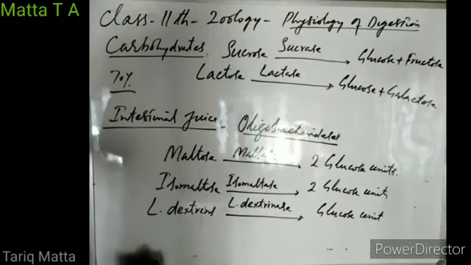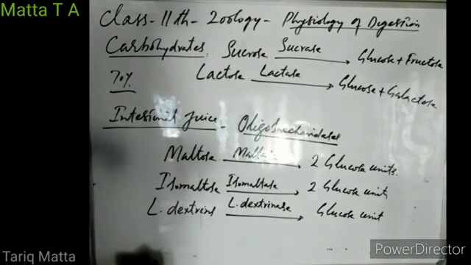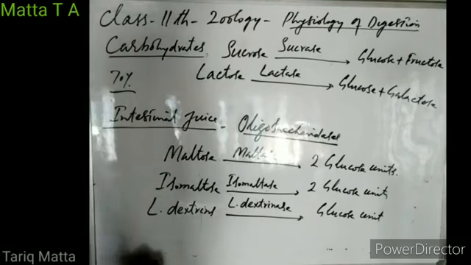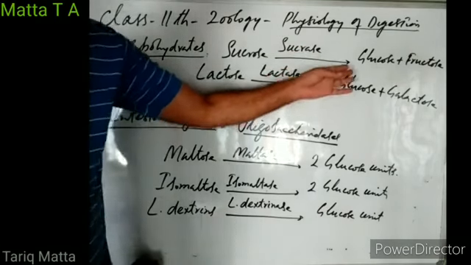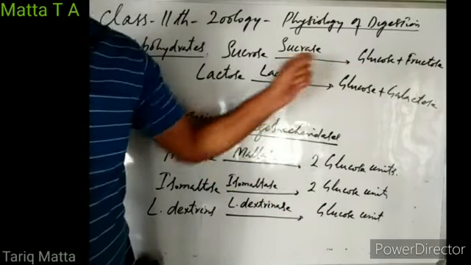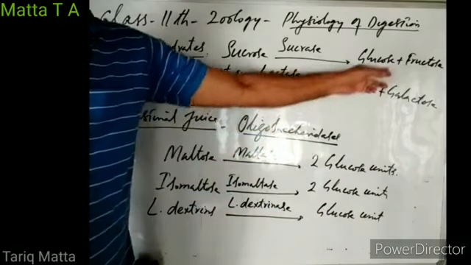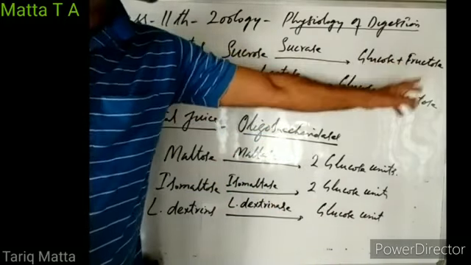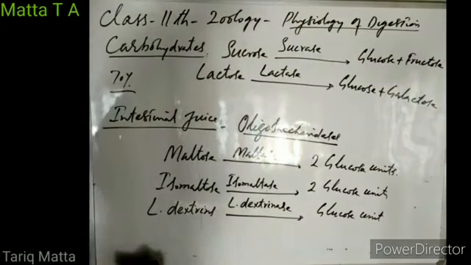So in this way, all the carbohydrates, all the starches which we had consumed are finally converted into monosaccharides. The most abundant monosaccharide being glucose. In addition to glucose, other monosaccharides may be released, like fructose, galactose, right?